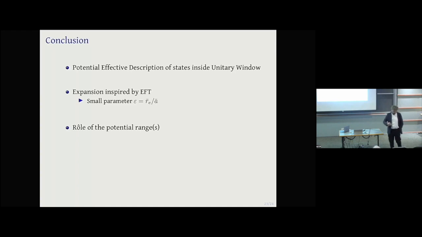As I use potentials, and as people also in nuclear physics finally use potentials, it has been interesting to see the role of the potential ranges, which in effective field theory language are the cutoff. As people keep it finite, it's nice to see how the physics depends on them and what we can learn.